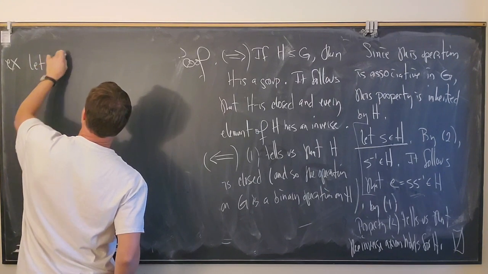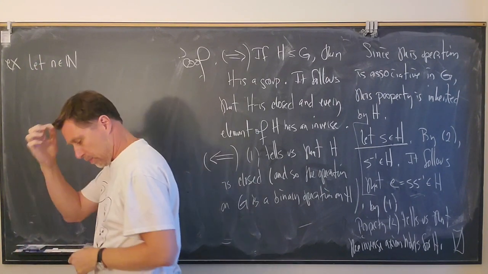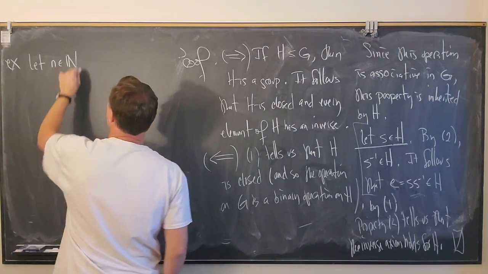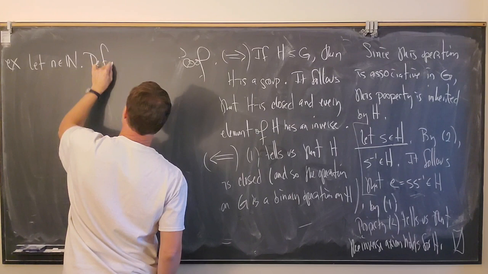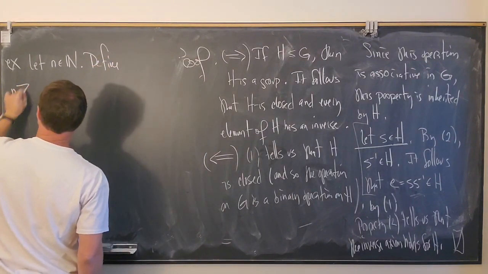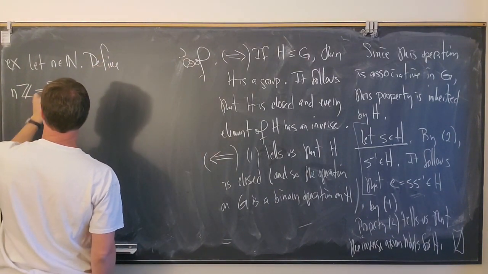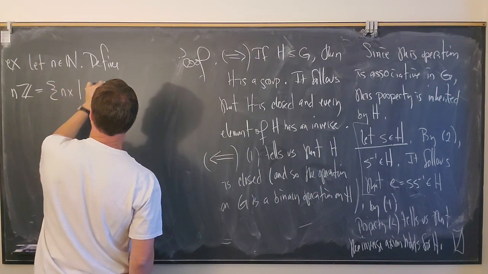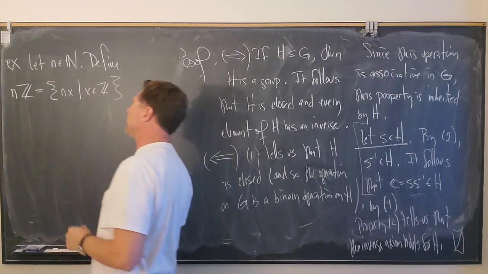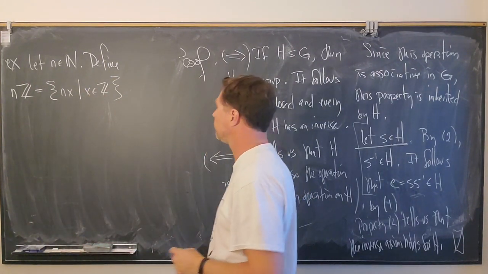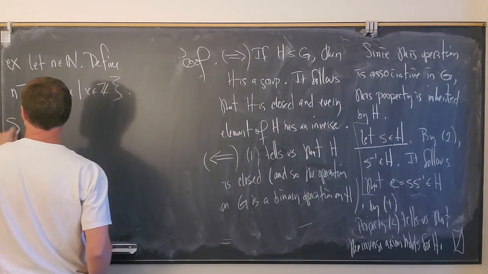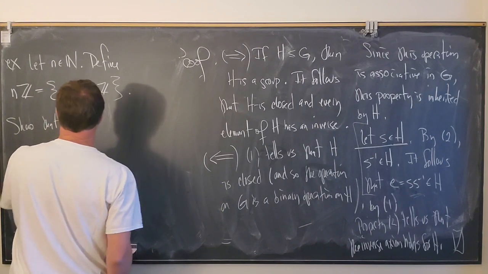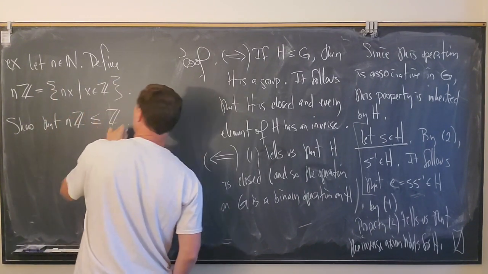Let's let little n be any natural number, and define the following set, nZ. This is going to be the set of all things of the form nx, where x runs through all of Z. So it's all multiples of n, right? All integer multiples of n. And what we want to do is show that nZ is a subgroup of Z.